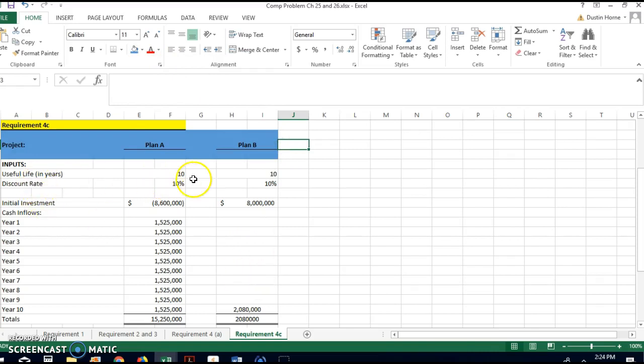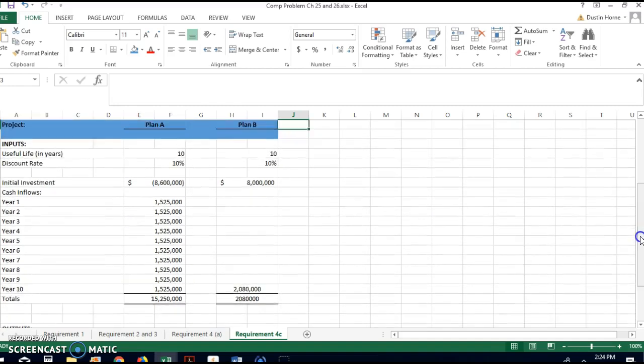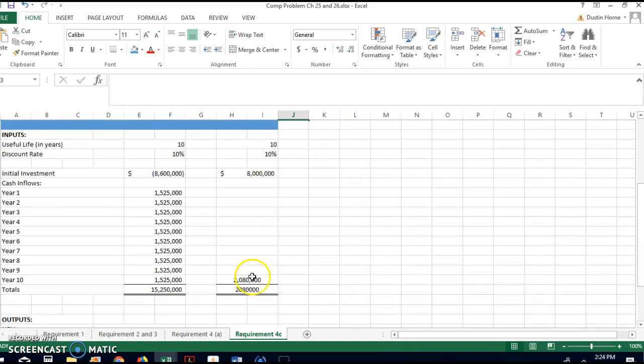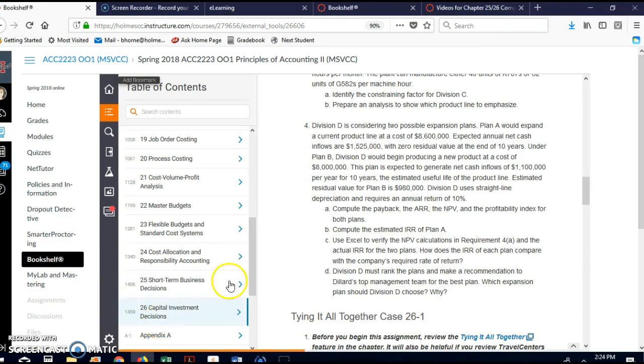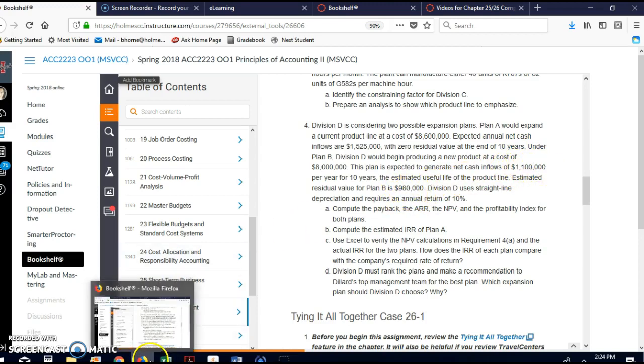I've already filled all of this out. I have not filled out your inflows over here for 8 million except for this last one. If you remember correctly, your inflows are 1,100,000 every single year except for your last year. It's going to be 1,100,000 plus your residual value, which is 980,000.